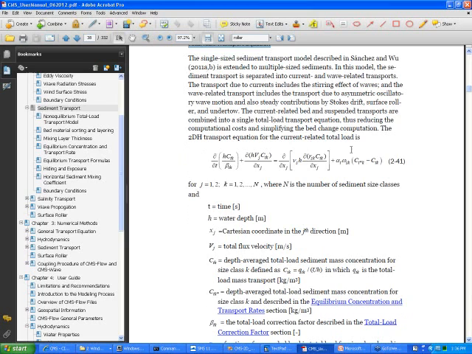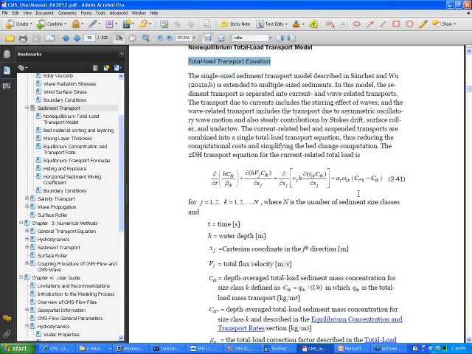This is the transport equation. It has a temporal term, an advection term, and a diffusion term, and you can see that it only includes the diffusion of the suspended load because the diffusion of bed load is assumed to be relatively small. People usually don't include it, although some do, like ADH, for example.